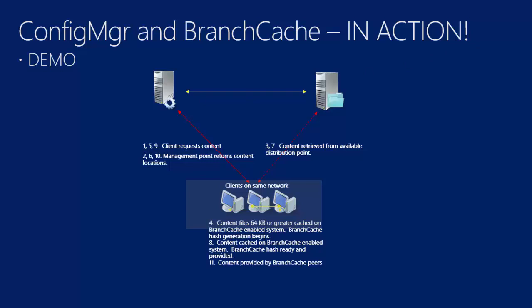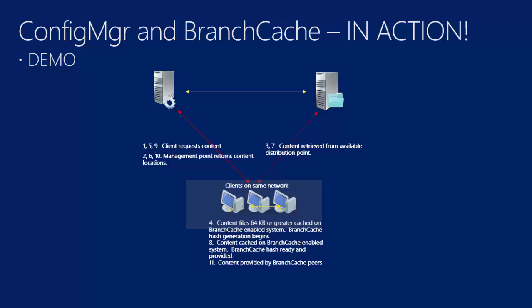And secondly, when the first BranchCache enabled system downloads and caches content, the hash generation process begins. When the second BranchCache enabled system downloads content, the process of hash generation completes. Now the content's ready to be fully served from BranchCache. And when the third system retrieves the content, it will be delivered from BranchCache. And that's what we are going to do here.